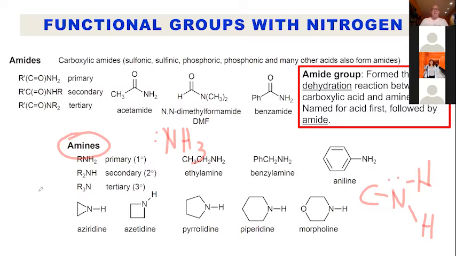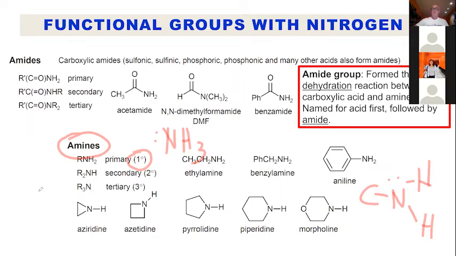And we call that a primary amine, because this nitrogen is bonded to 1 carbon. So primary. Same is true with alcohols. So a primary alcohol will be bonded, the carbon that's attached to the hydroxyl group will be attached to only 1 other carbon.